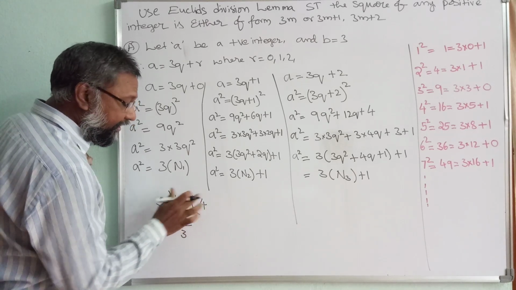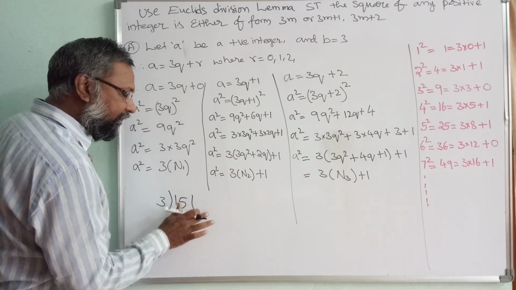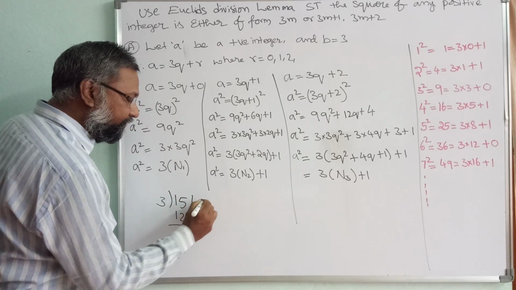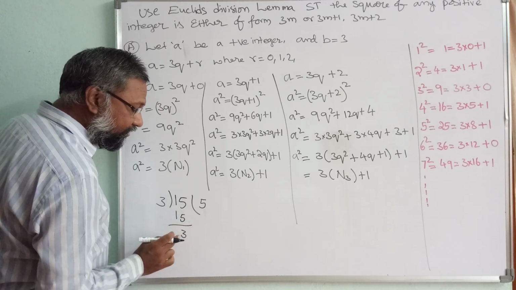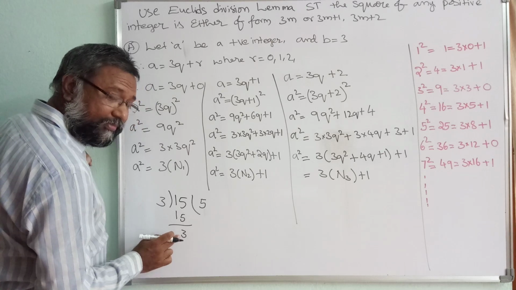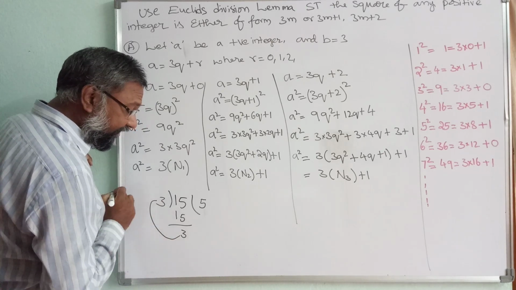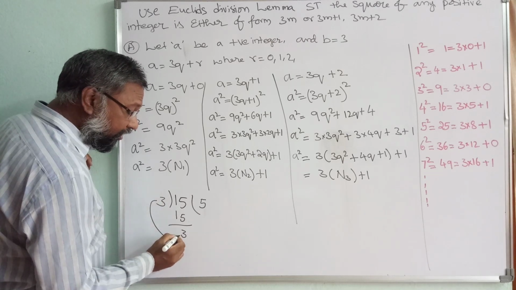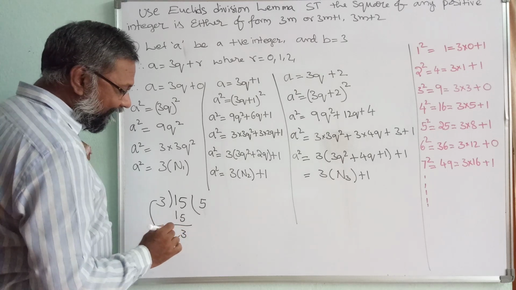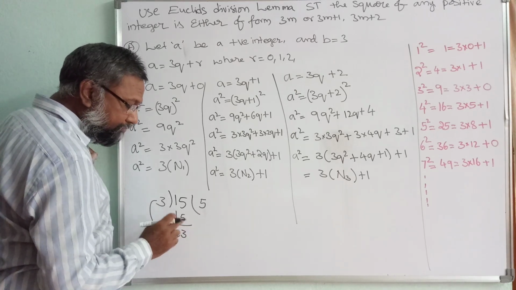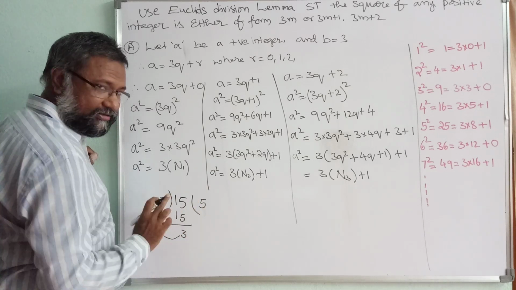Therefore we write 5, and here 15. Therefore the remainder can never be equal to the divisor or greater than that. So the remainder must be less than the divisor.